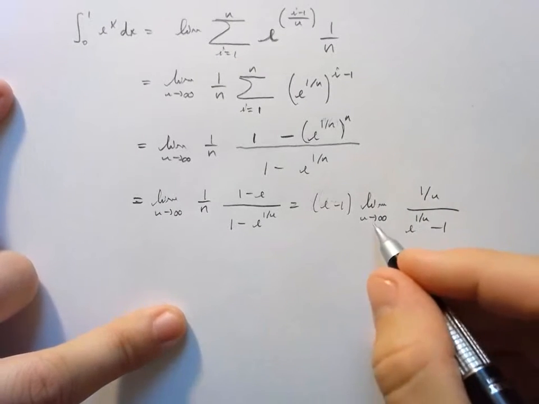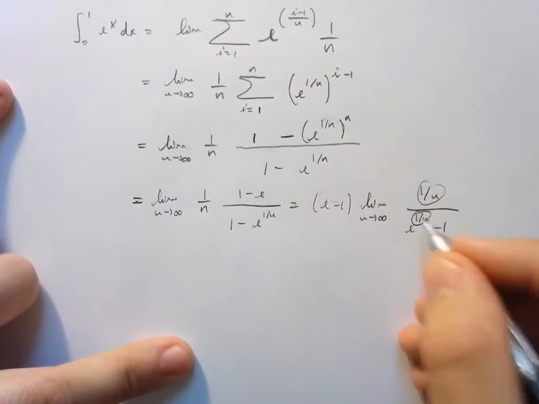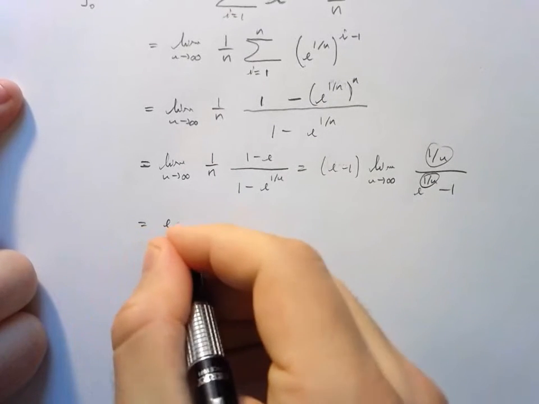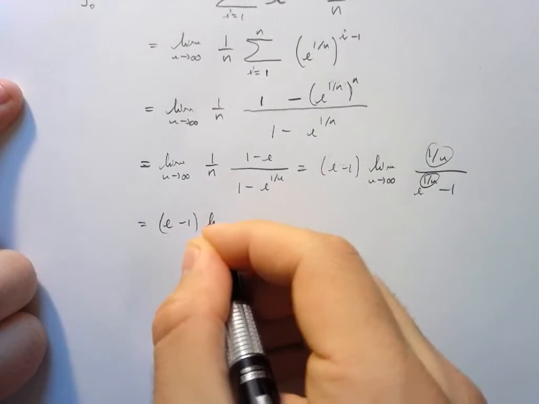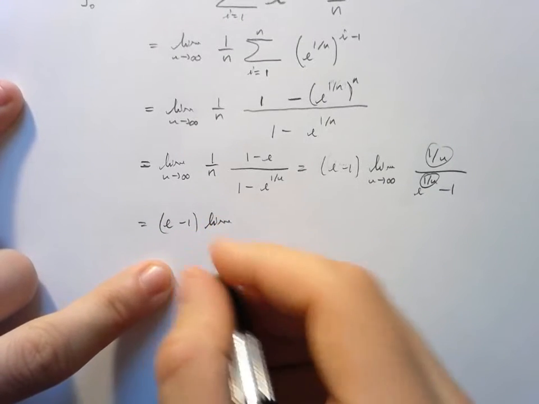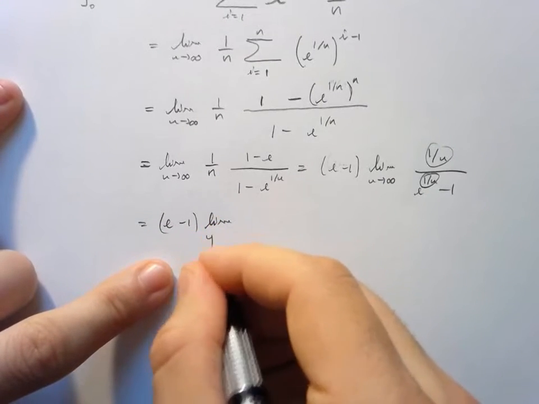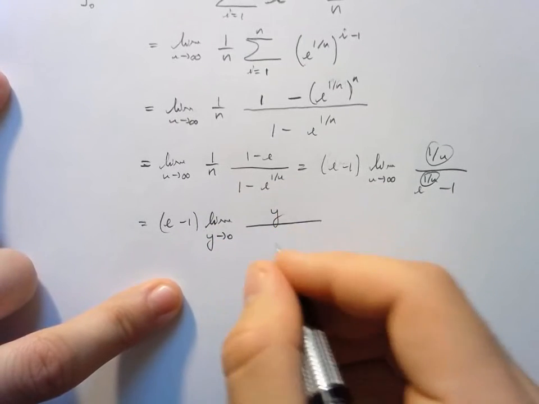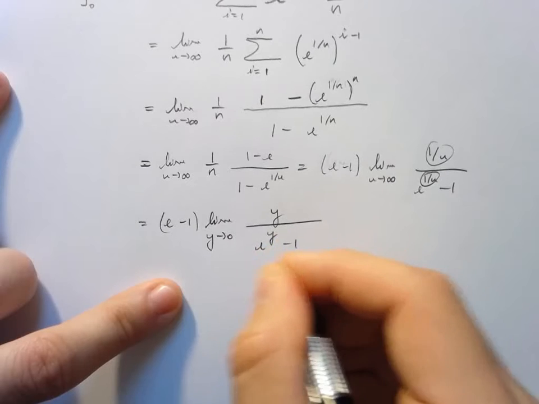Notice as n goes to infinity, the quantity 1 over n goes to 0, so this is the same as e minus 1 times the limit as y goes to 0 of y divided by e to the y minus 1.